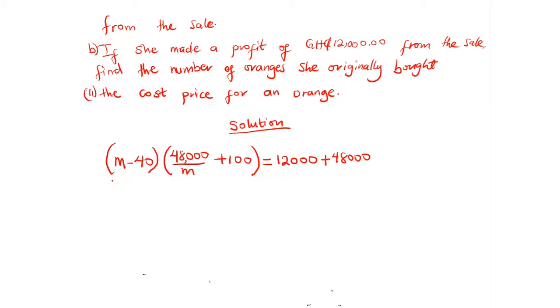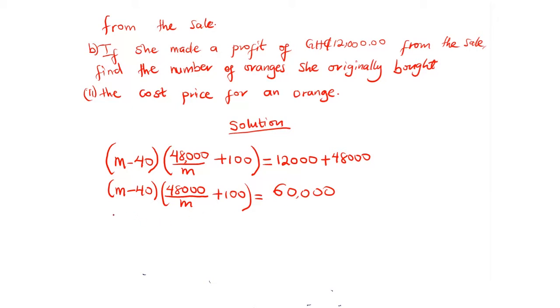So the first thing we can do is write our (M minus 40) times (48,000 over M plus 100). Then we equate this to 12,000 plus 48,000, which will give us 60,000 cedis.